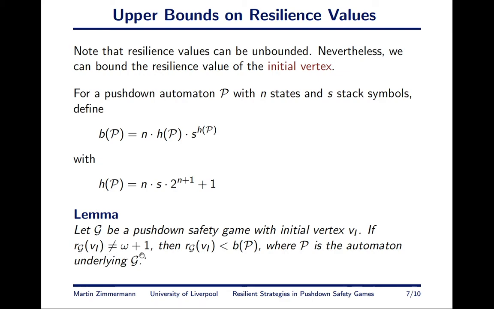If the resilience value of the initial vertex is not omega plus 1, so it's not infinite, then it is actually bounded by this bound B of P, where P is the automaton underlying G. And if you just look at this, you will see that this bound is doubly exponential. Okay, so it's large, but it's still elementary.